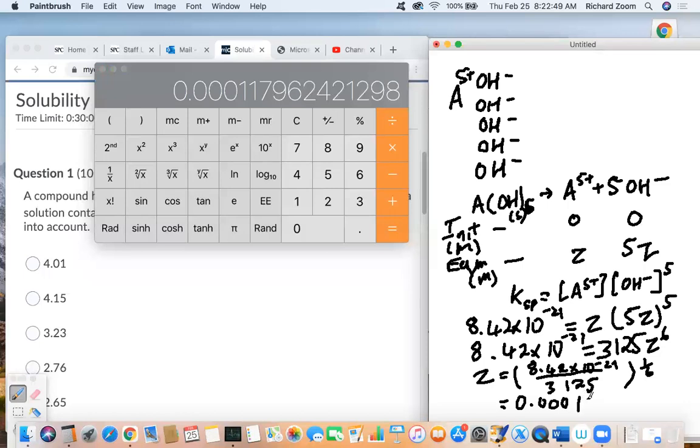0.000117 molar. Now that's not the concentration of OH minus. If you look here, the concentration of OH minus is 5Z.